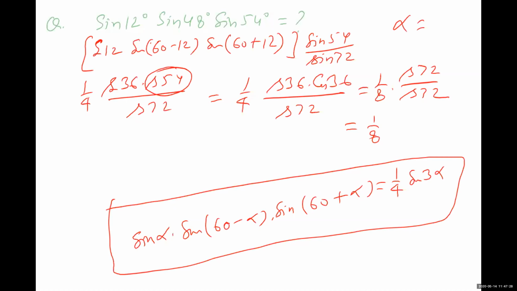Here alpha is equal to 12 degree. So 1/4 sine 3 alpha, this I have written here.